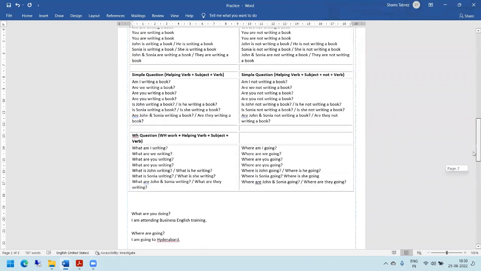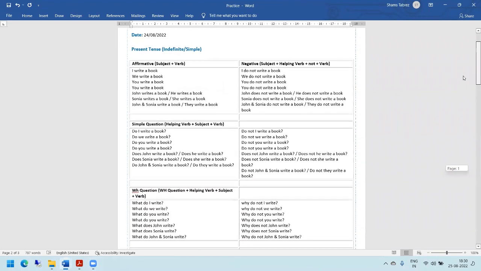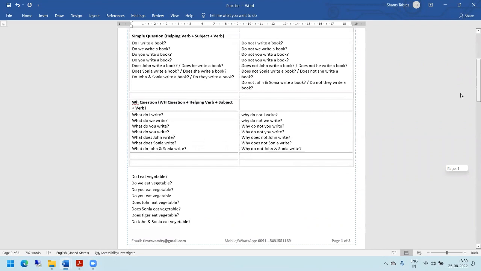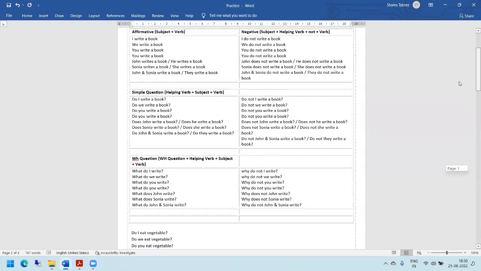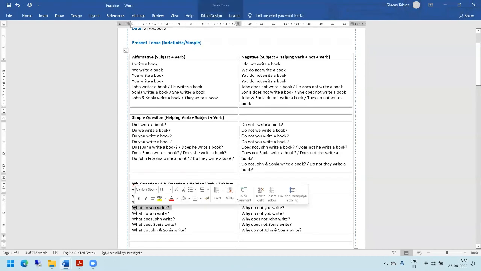The same thing is applicable in present indefinite tense also. If somebody asks a WH question in present indefinite tense, what do you write? You say, I write a book.